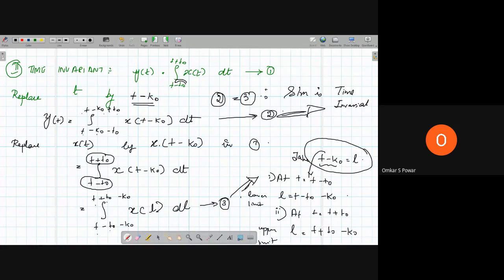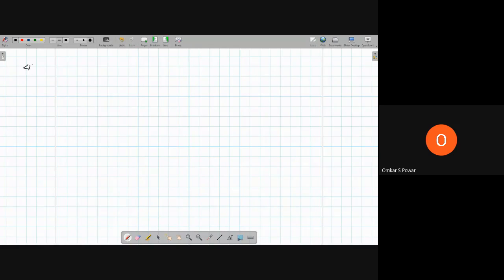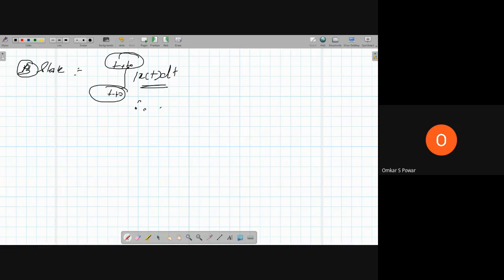Now the last one, the third property, stable. So the system is stable, you verify, because it is integration, right? So it will lie well within its limit. If you take the integration, this value is lying within the limit, it's not going out of the limit. So the system is stable.